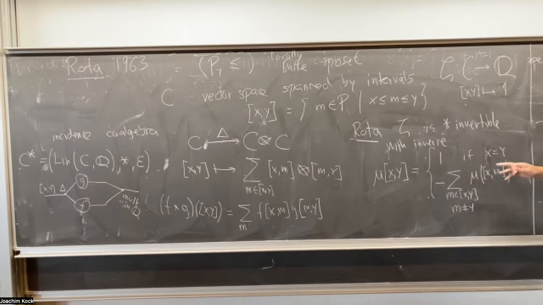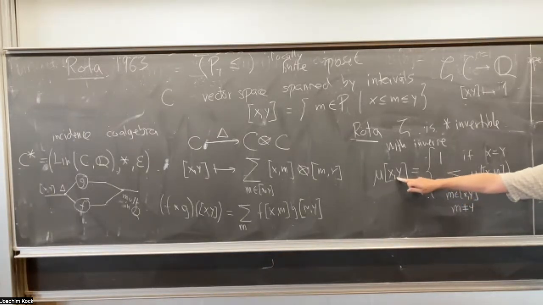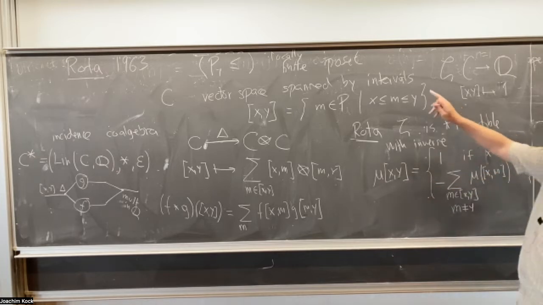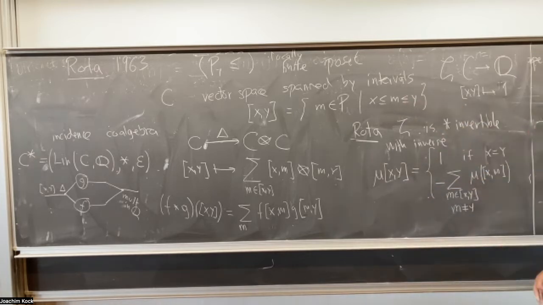So this is a recursive definition, that you define mu in terms of mu, but since we took exception from the case where m is equal to the last point, all these intervals are shorter than this one. And since we're talking about locally finite posets, when you do that, the number of elements of the poset decreases, and you eventually arrive at the trivial case where the recursion starts.